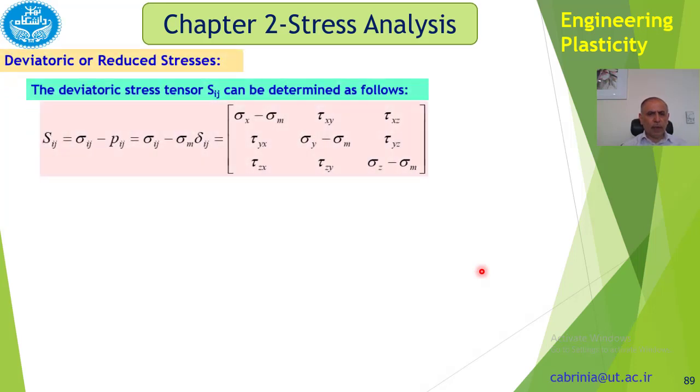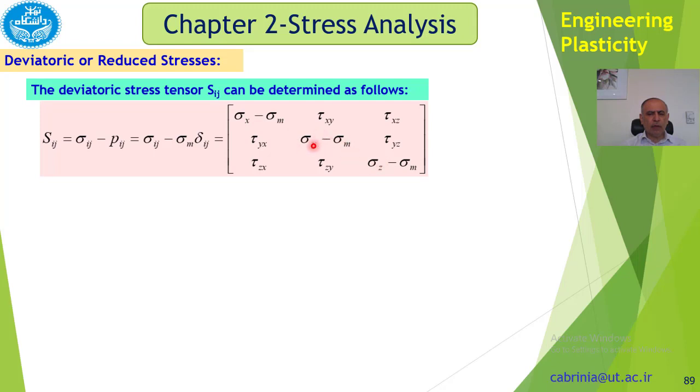Okay. Also here we have another notation showing the whole picture. Sigma ij minus P ij, sigma ij minus sigma m delta ij, and in matrix form we can write these components like that. And you see here in the diagonal of the matrix we have sigma x, sigma y, sigma z.